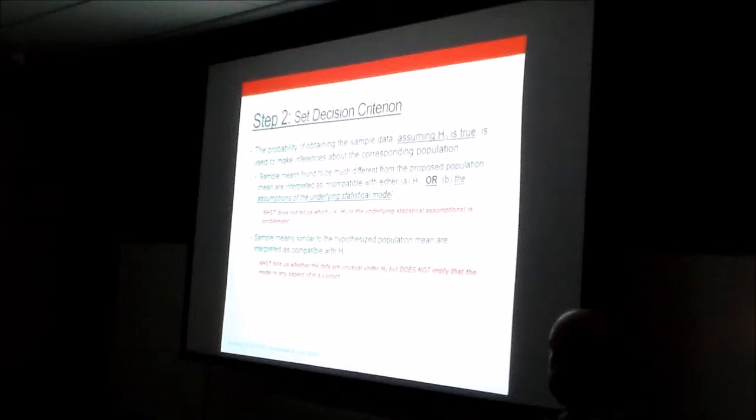Null hypothesis testing will tell you whether your data in the sample differs from the population. It can tell us whether or not it's unlikely, right? Assuming the null hypothesis, we can say these data are likely, but we can't say with certainty that the mean of this population is different, right? What about this piece, that we can't say that the model or any aspect of it is correct?